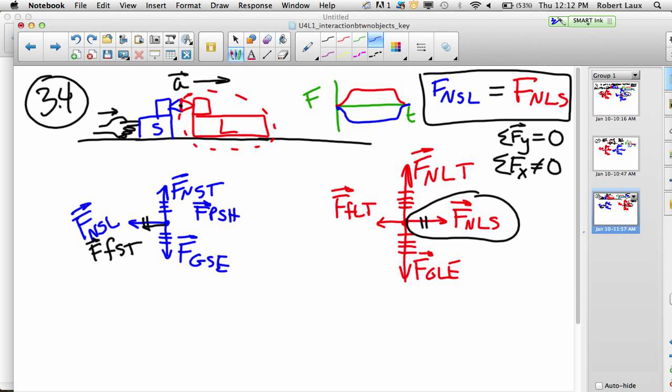Think about what we know. We know that these two cars are accelerating to the right. We said that the net force along the y-axis was 0. The net force along the x-axis could not be 0 because it's accelerating. How big does the force of push on the small car by the hand have to be?